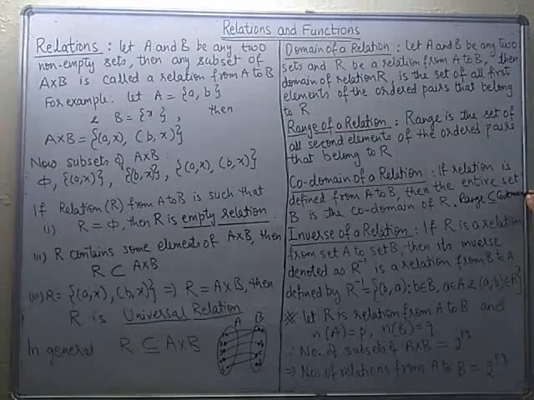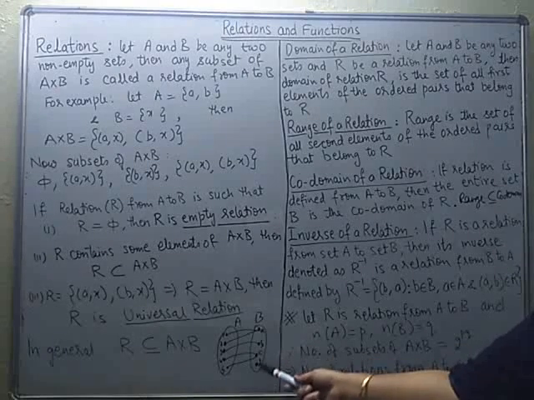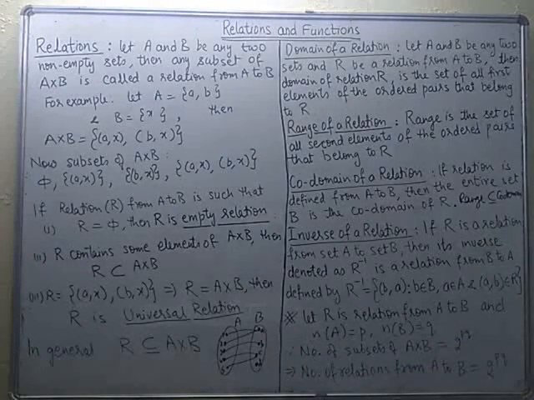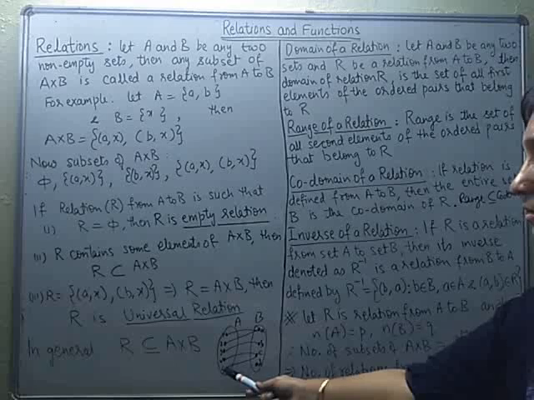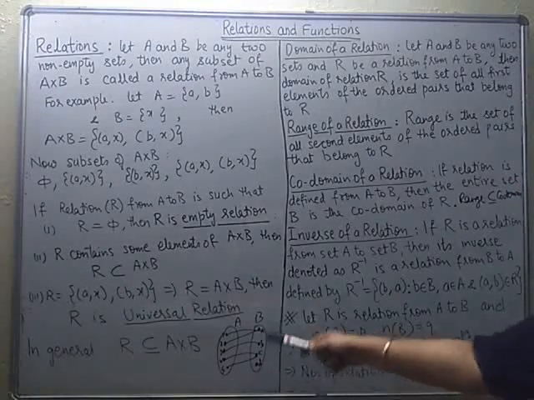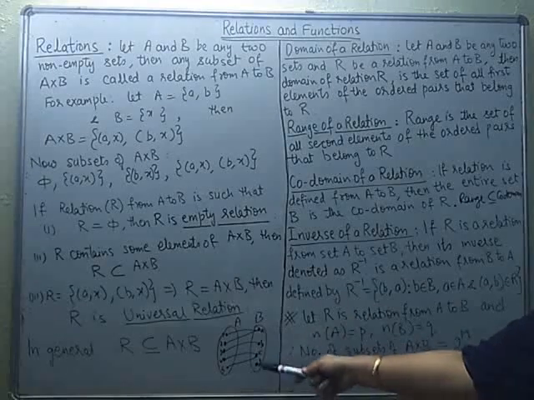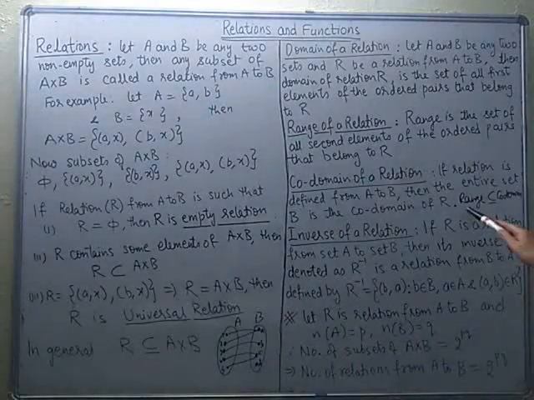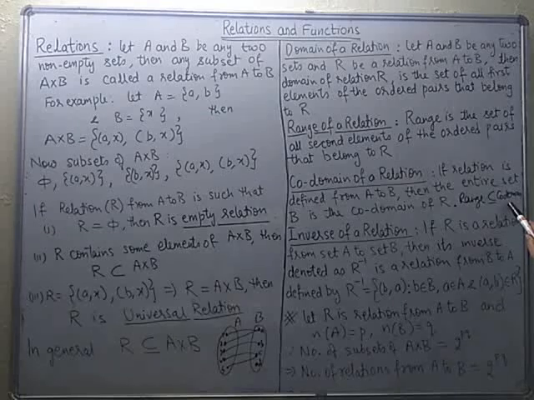You will see, again, I have not written proper subset, because it may happen that all the elements are getting paired. Maybe 5 is also paired with D. So there is scope that every element becomes the second element of some pair. So there is a possibility range can be equal to codomain, but it can be a proper subset as well.